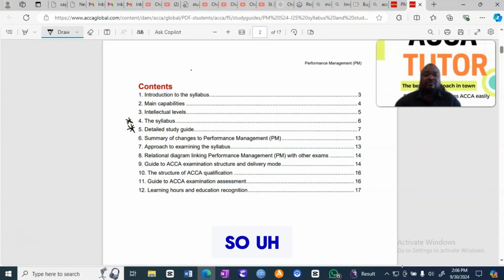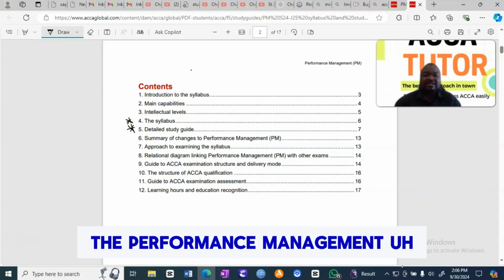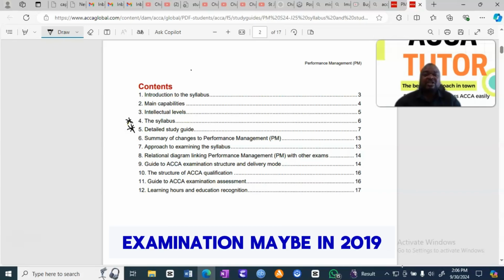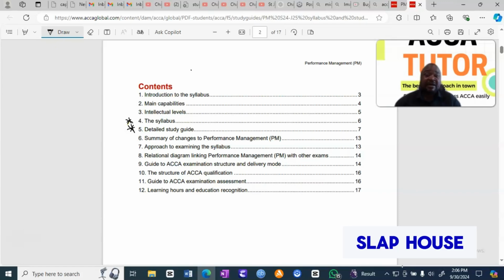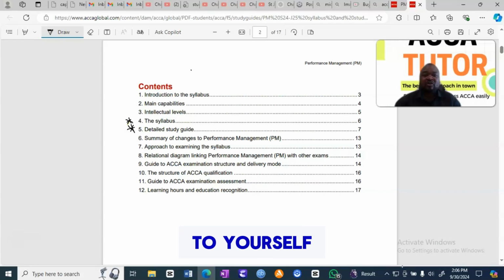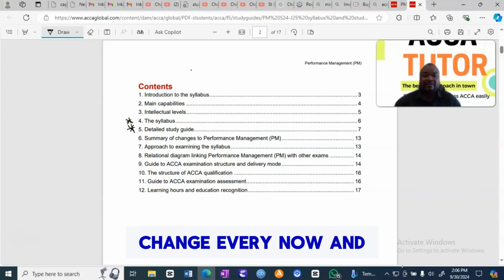So don't tell yourself that I wrote the performance management examination maybe in 2019, so I need not check the syllabus, let me just get straight into the example. No, you'll be lying to yourself. You need to be exposed to the current syllabus, because these syllabi change every now and then.